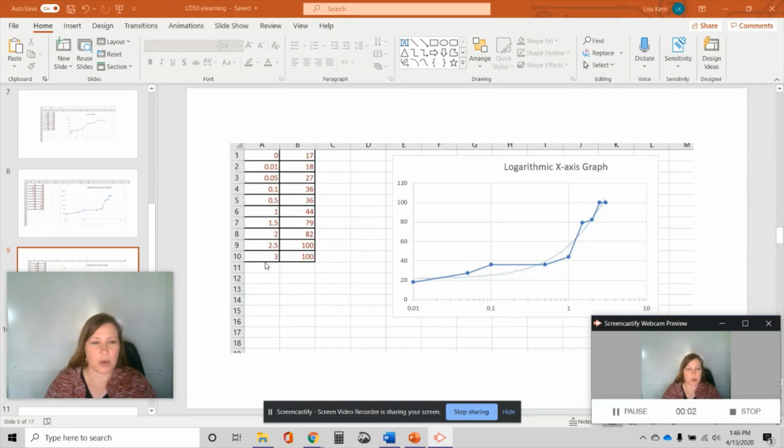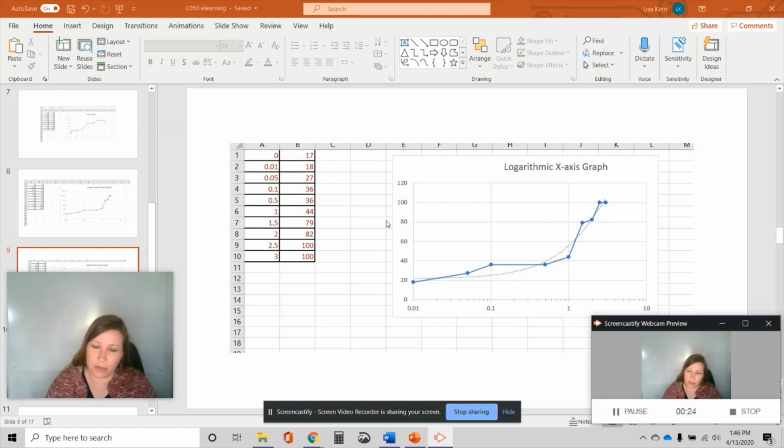Okay, so in Excel, you make your graph, and in either case, you can add a trend line. So I added a trend line here, and you can kind of see in this one you get something of a J-shaped curve. But if we were to have continued our data out, it would go from exponential to a logistic curve.